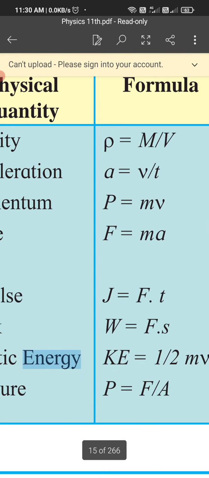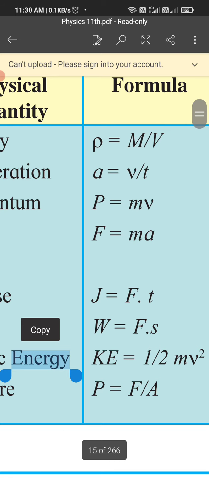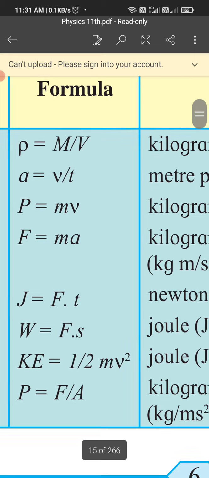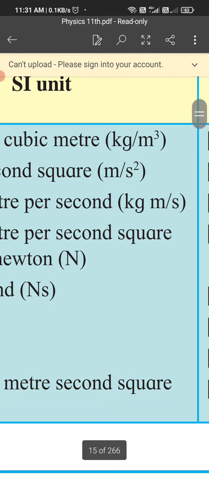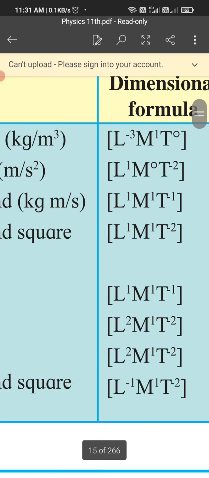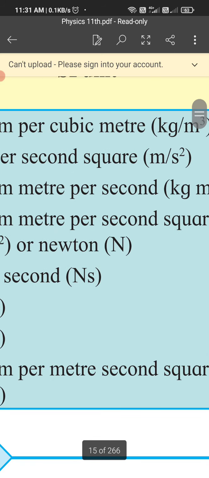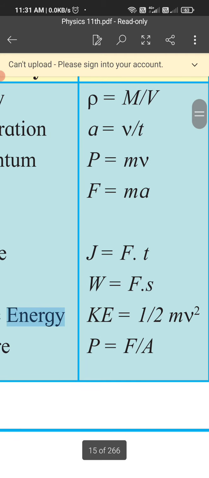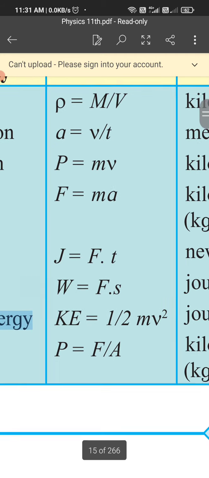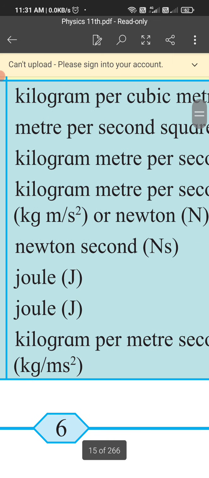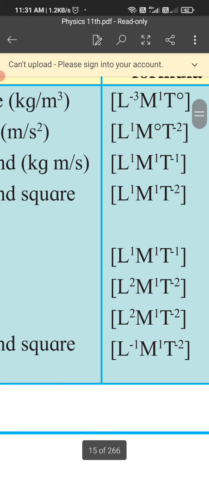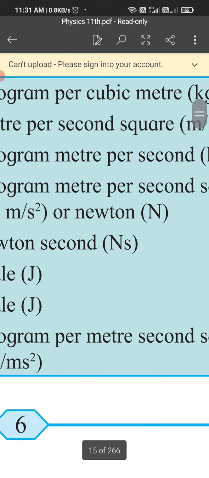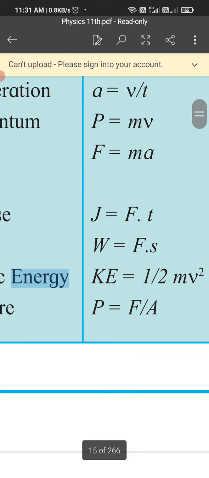Momentum is equal to the product of mass and velocity, that is kilogram meter per second, L^1 M^1 T^-1. Next, force is equal to mass into acceleration, kilogram meter per second square, that is L^1 M^1 T^-2, or Newton.